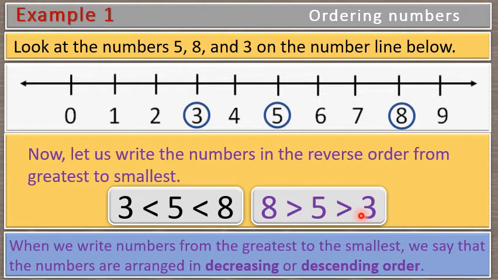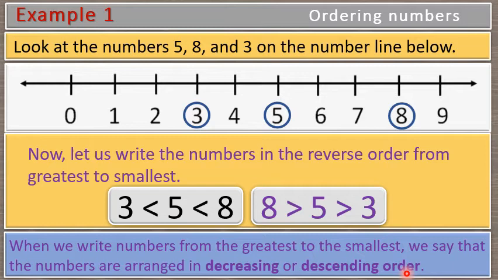That is, when we write numbers from the greatest to the smallest, we say that the numbers are arranged in decreasing or descending order.